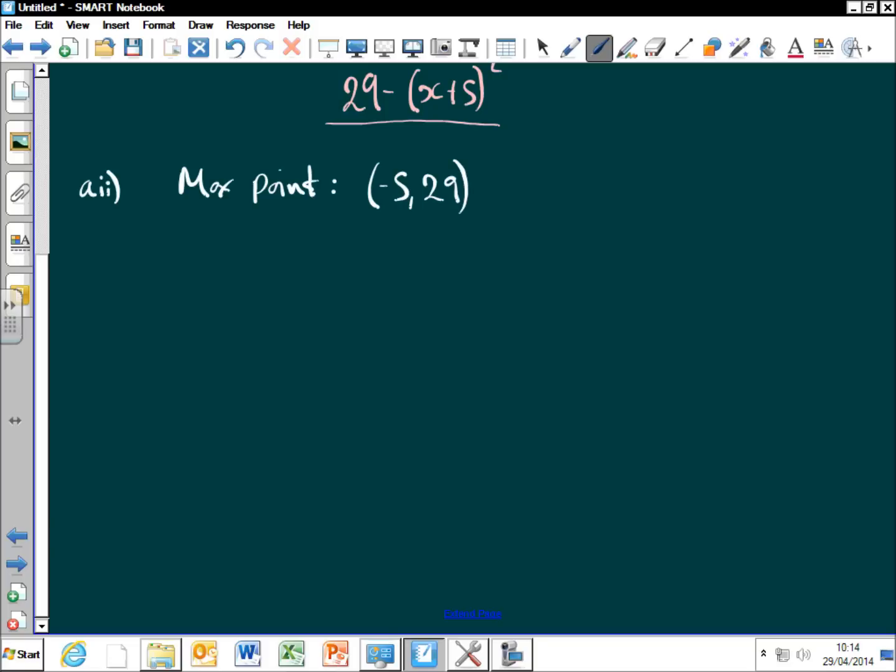Okay, so that's the maximum point, but it's actually asking for the line of symmetry. Well, the curve is going to be symmetrical about that point, so the line of symmetry, because that's the maximum point, is going to be the line x equals negative 5. Okay.